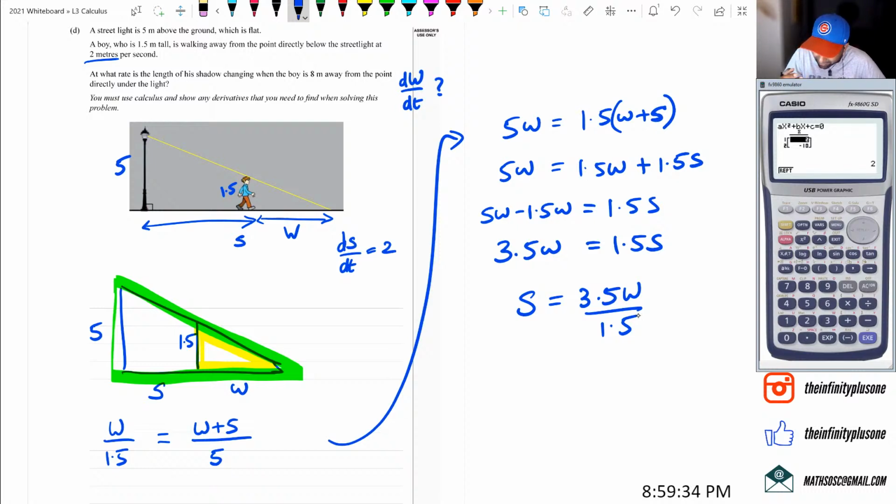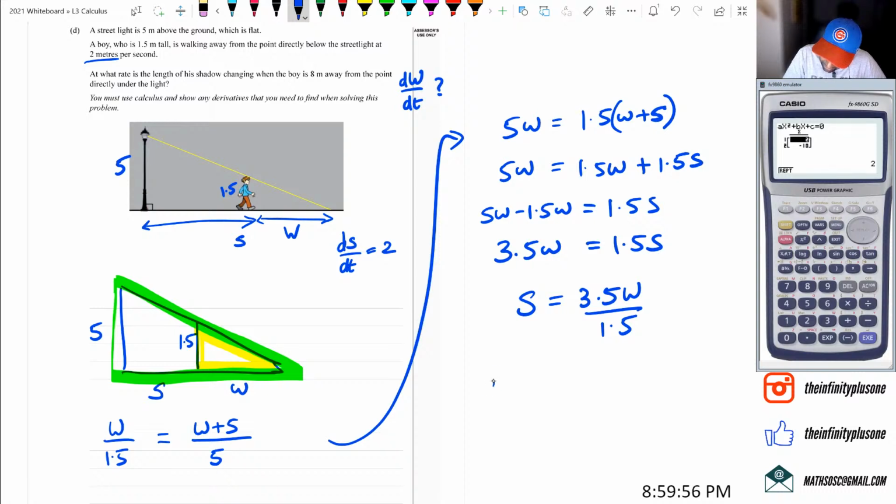The 8, we don't need to worry about the 8 because we've actually written the S in terms of the shadow. So that's why we don't need to actually worry about the 8, because we wrote it in terms of the shadow length.